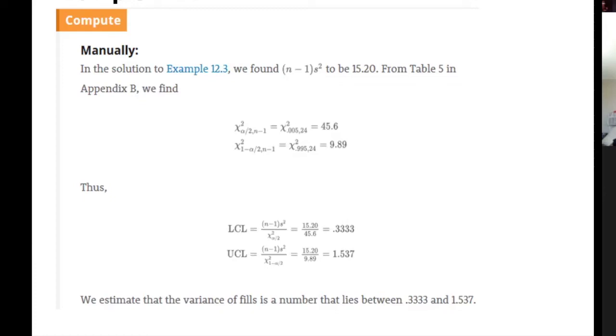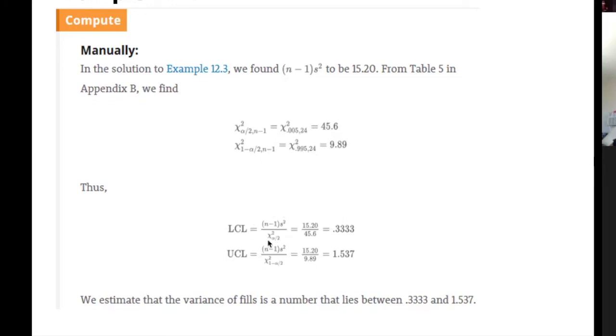Those are the tails that we cut off, okay? So these values give my lower and upper confidence levels.